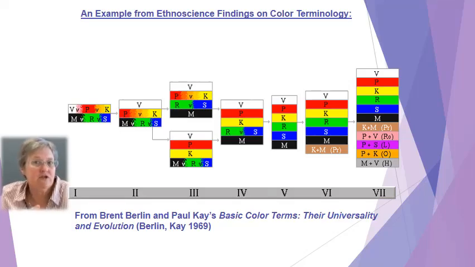The more complex the society, the more basic color terms. I think what this represents is that in a highly differentiated, stratified social system like our state, we have a stratified hierarchy, a stratified taxonomy of any vocabulary domain, including color.